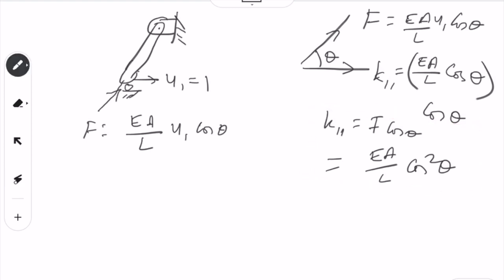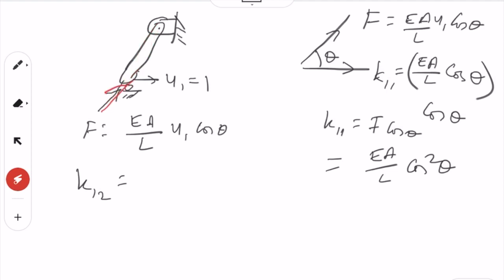Similarly, we can get the value of K12. What is the value of K12? If we have moved this point by 1, then this has produced, this actually compressed the spring or this bar.